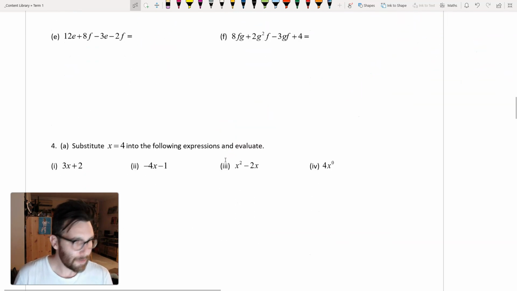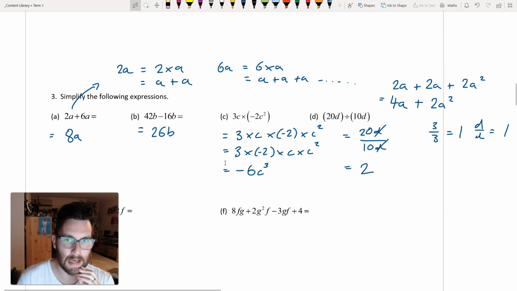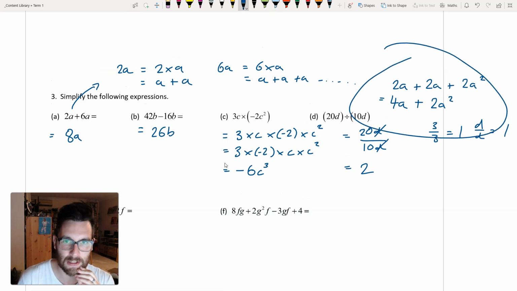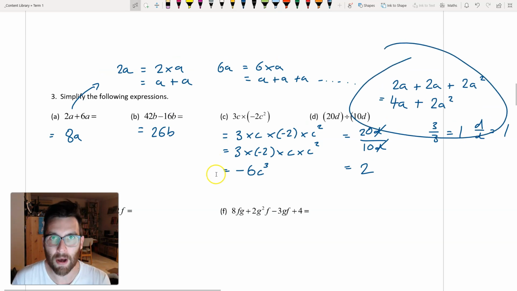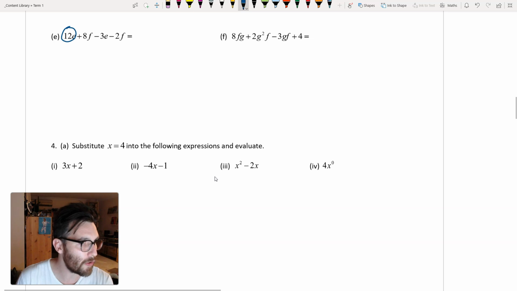Next question underneath. Now, we have got a few different terms being added and subtracted, but as I alluded to with this friendly guy up here, we can only combine terms together if the variables are identical. So for this question, I've got 12e and I'm taking 3e away.